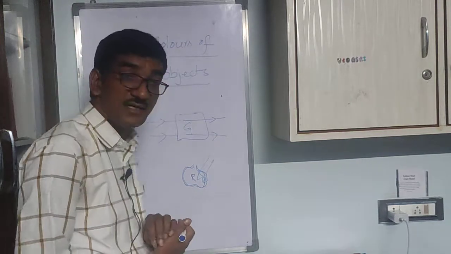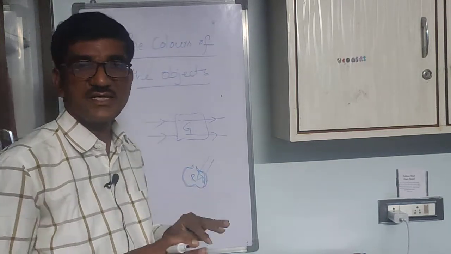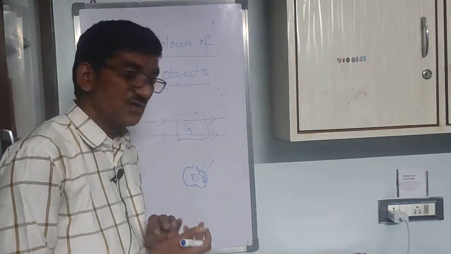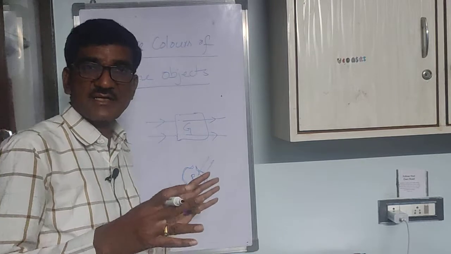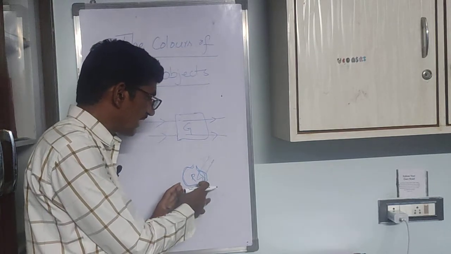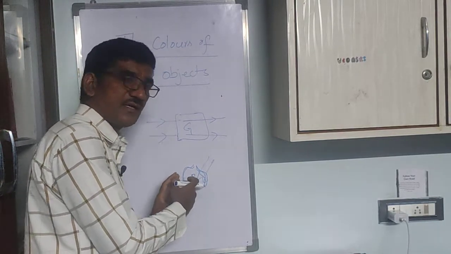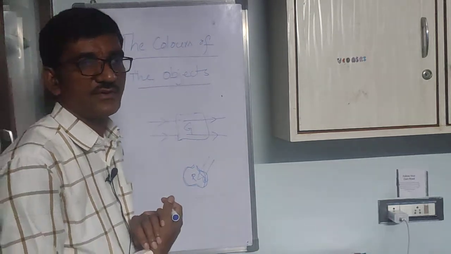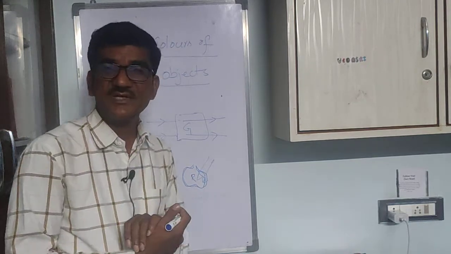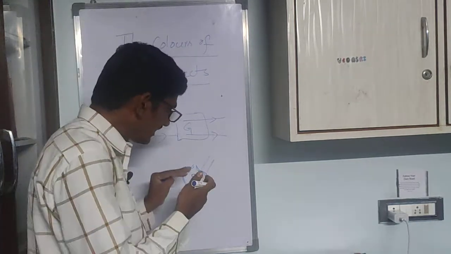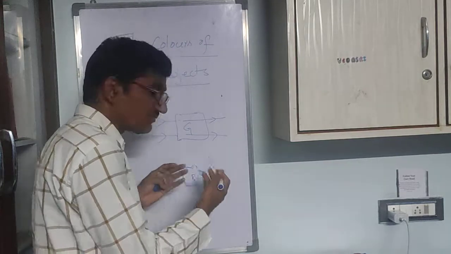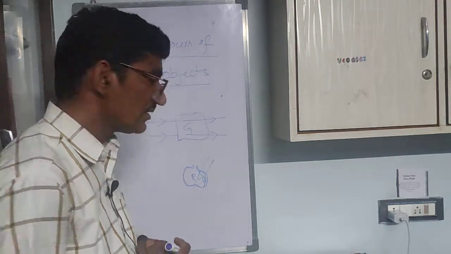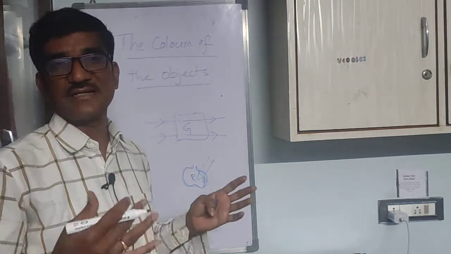That means all the 6 colors of those 7 characteristic colors of the white light, all of those colors except red, are absorbed by this body, and it is not absorbing the red color. So the red color is reflecting, coming out of that body. What it is doing, it is filtering the white light. It always reflects the red color from its surface. So you are able to see this apple as red.